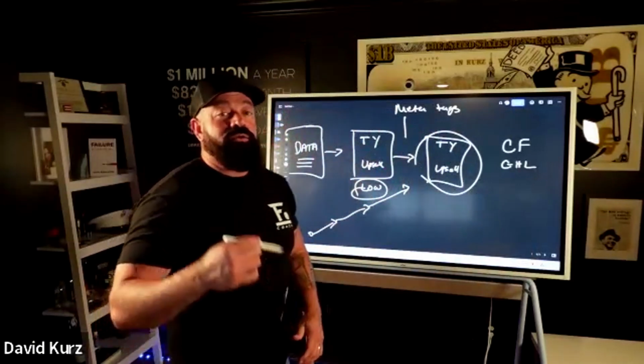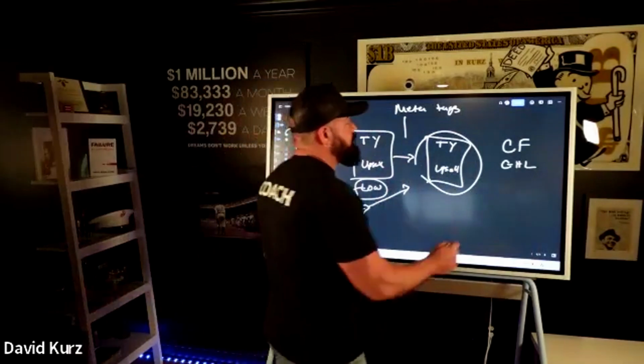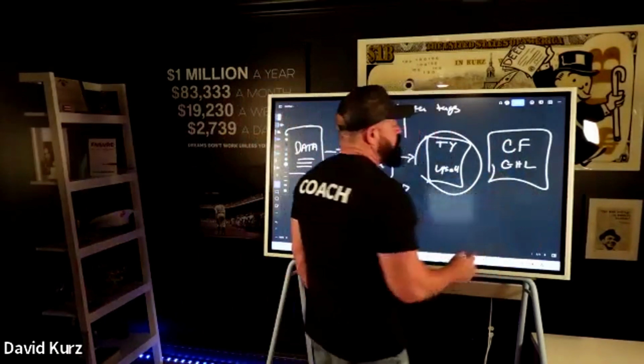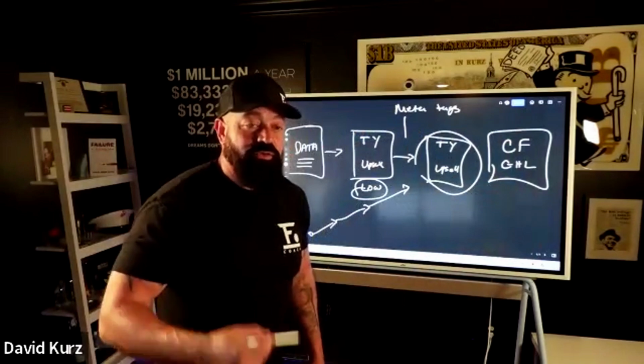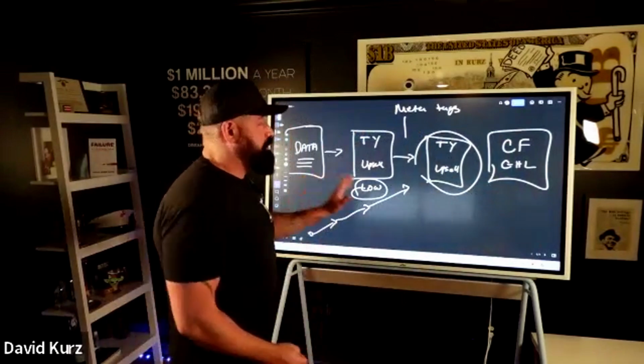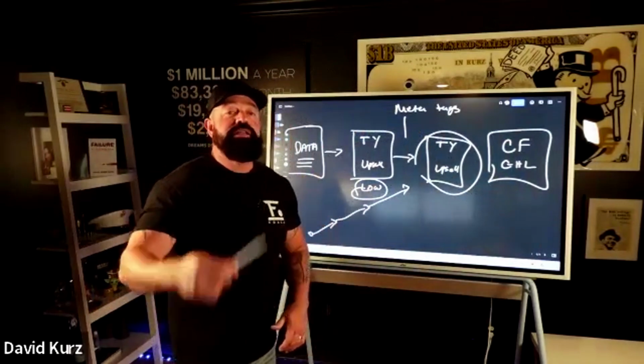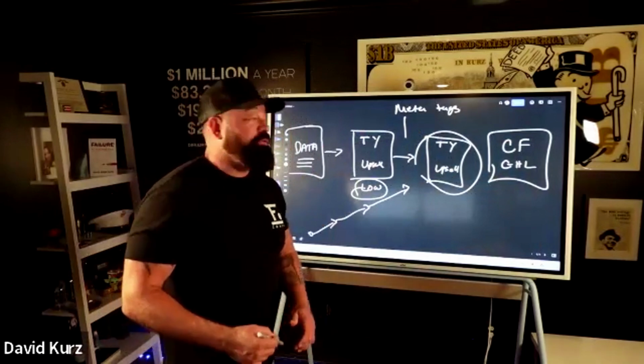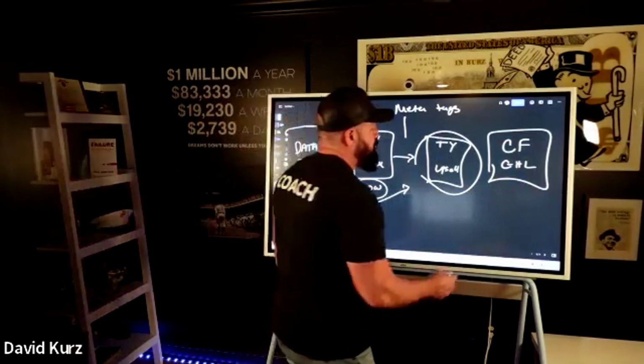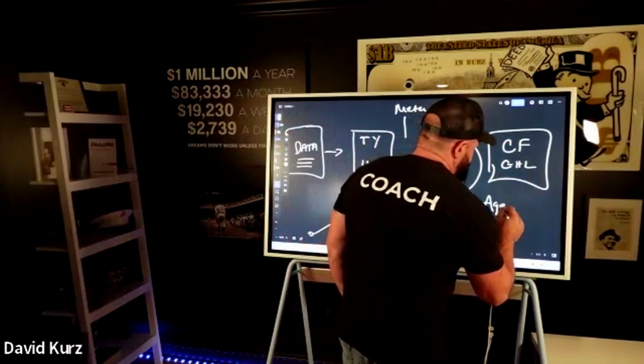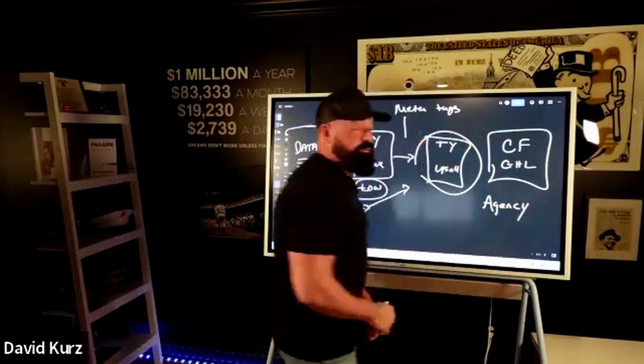Again, you could leverage this. If this is not your thing, and you can get an assistant to do it for you, hire an assistant that understands all this. If the assistant doesn't understand all this, the next thing you could do is just hire an agency to do it for you, right?